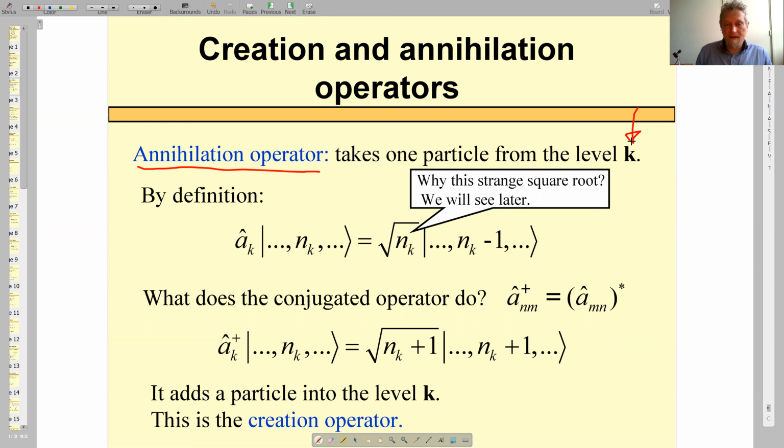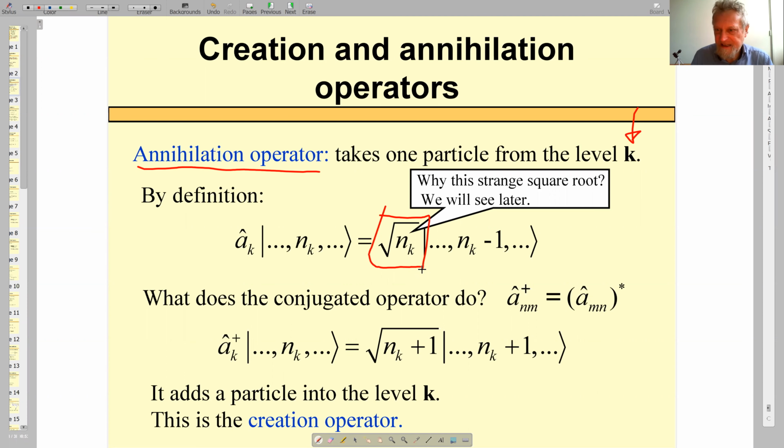So this is logical. What is less logical at the moment is that simultaneously the wave function is multiplied with this factor.